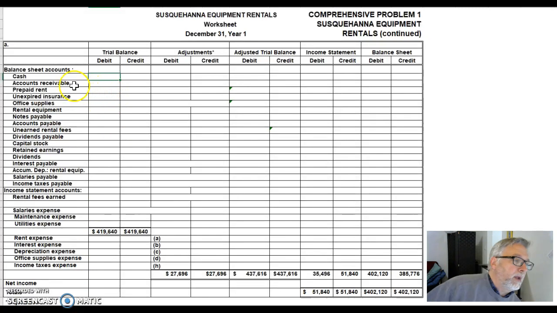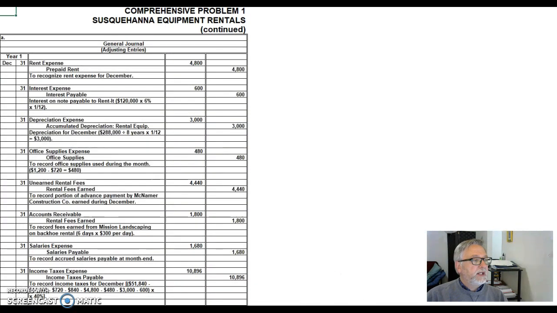So one perhaps simpler approach might be to first complete the adjustment column. Okay, here are your adjusting entries, and I believe this is part 1B here. So here are all your adjusting entries here.